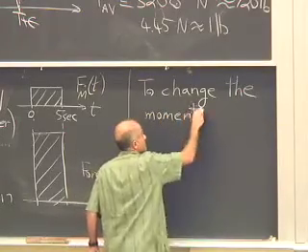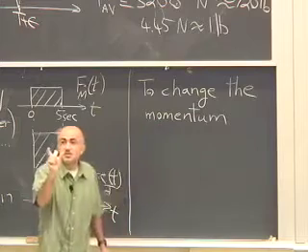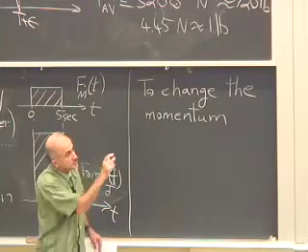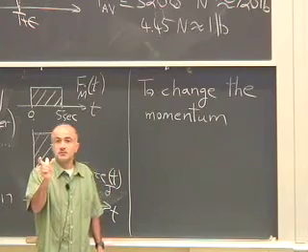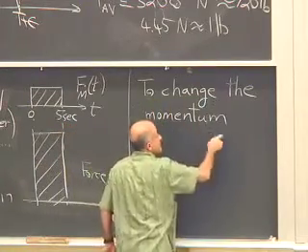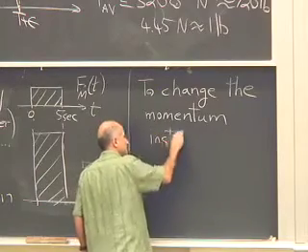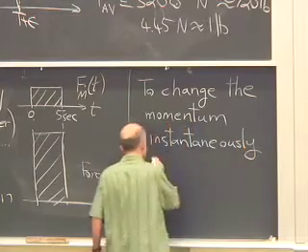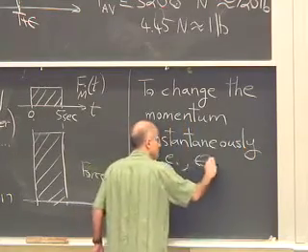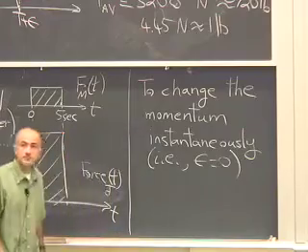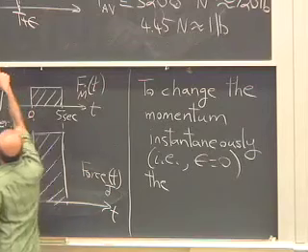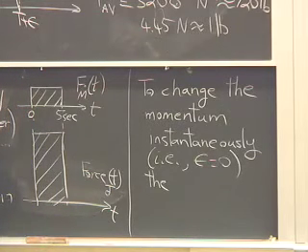See, in the case of the rubber ball, the momentum changed in the course of 100 milliseconds. Or, sorry, 1 millisecond. But if we want to change the momentum instantaneously, i.e., epsilon is 0, the duration is 0, then if the curve only peaks up to a finite value, the area under it will be 0 width times a finite height.